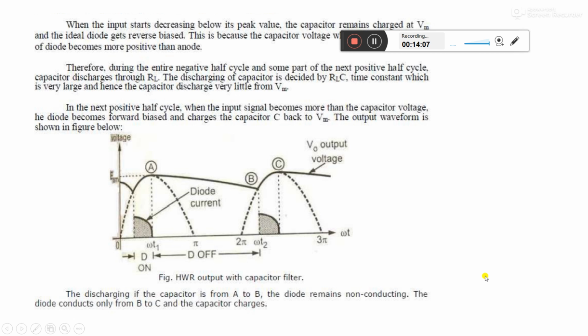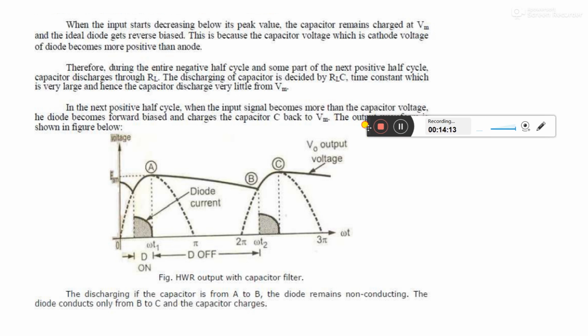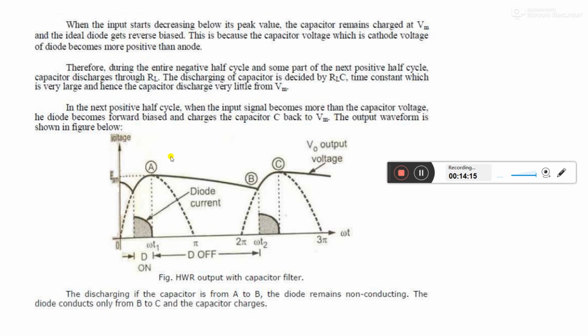Here is shown the charging and discharging of a capacitor: how the capacitor charges and what its maximum values are. When the input starts decreasing below its peak value, A and C are both the peak values of the AC input cycle, or Vout of the capacitor filter.